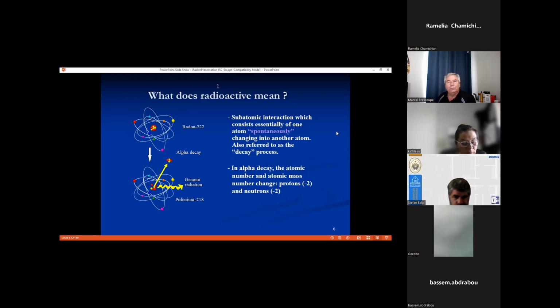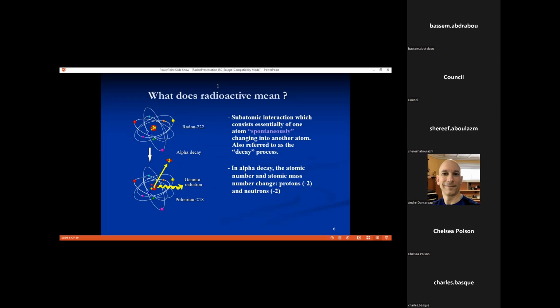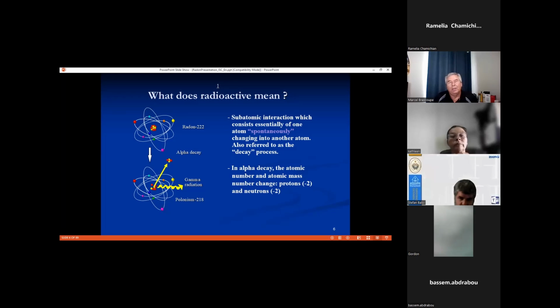So again, I've got here a definition of what radioactive means. Essentially, the technical description is a subatomic interaction, which consists of one atom spontaneously changing into another atom, also referred to as the decay process. On the left-hand side, the upper image we see is an atom of radon. We've all seen that before. It's like the sun with the planets traveling around the sun.